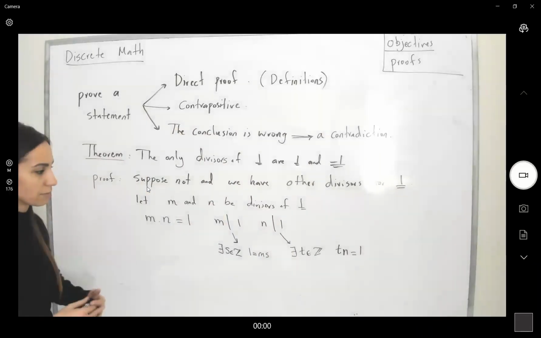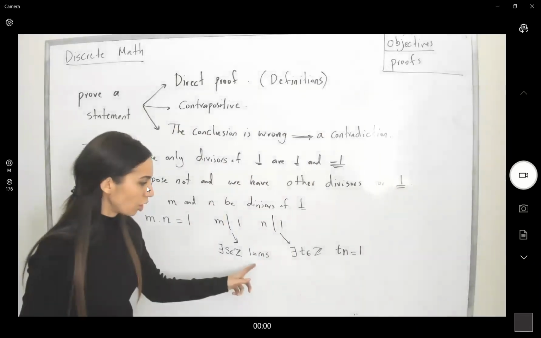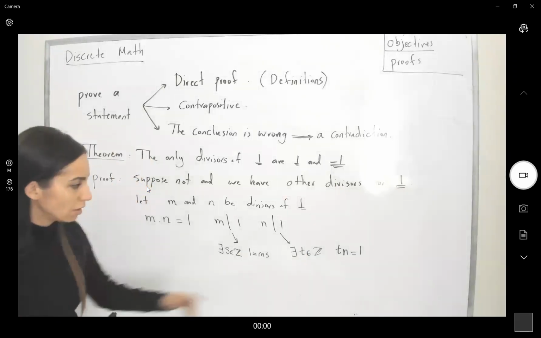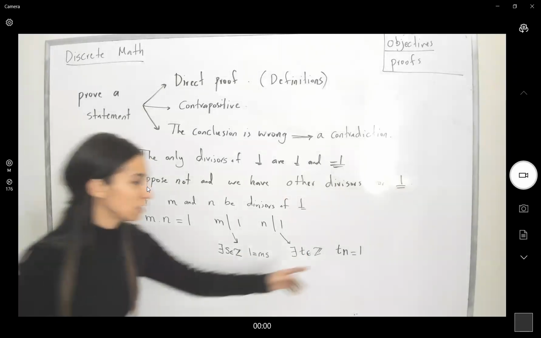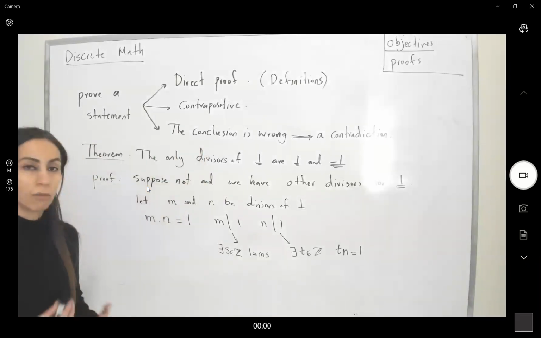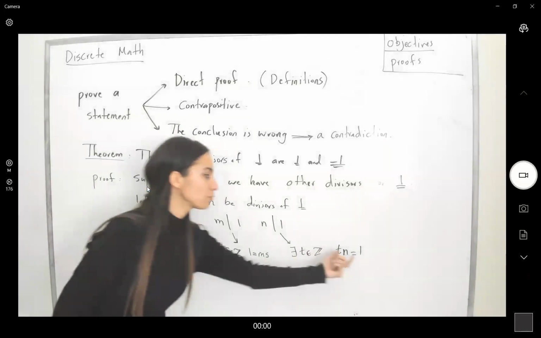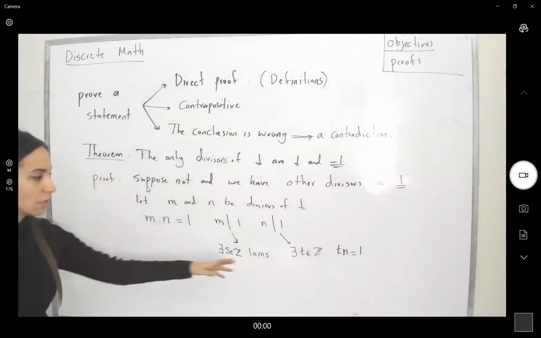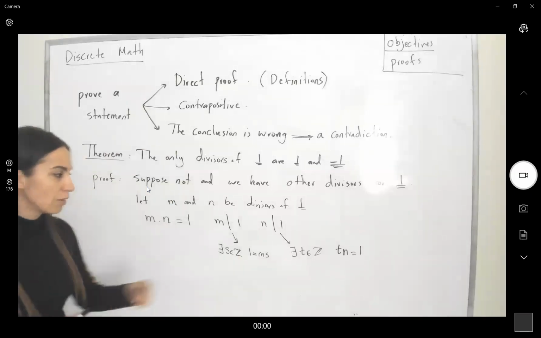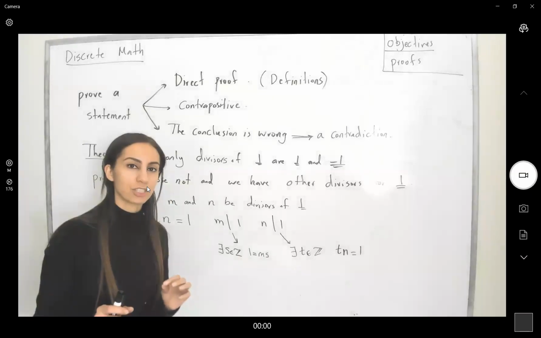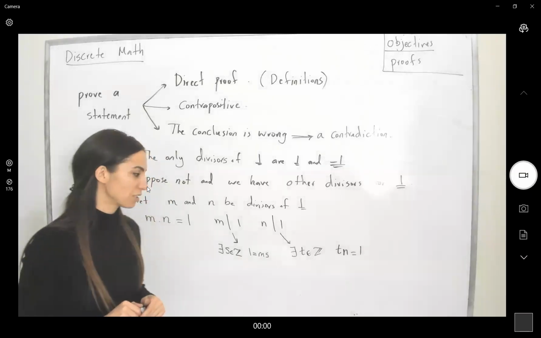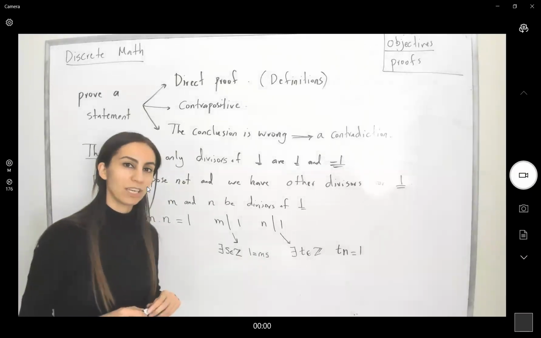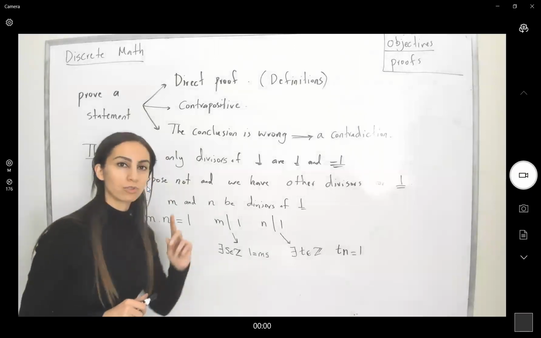Let's analyze this. At the same time, here we have m times s. Here you have t times n. Both of them, when you multiply them together, equal 1. Now think about it this way. We're looking for two integers that, when you multiply them together, the result is equal to 1.